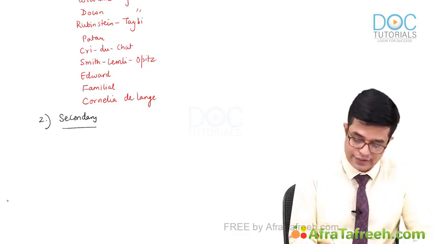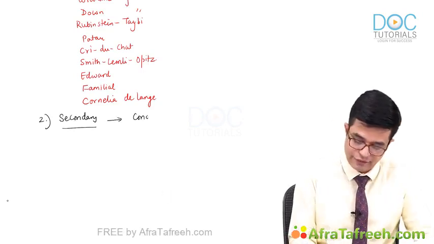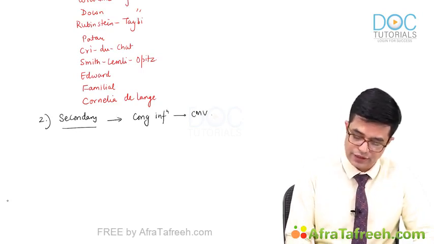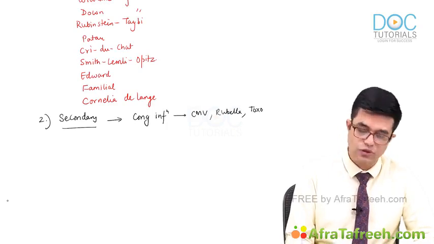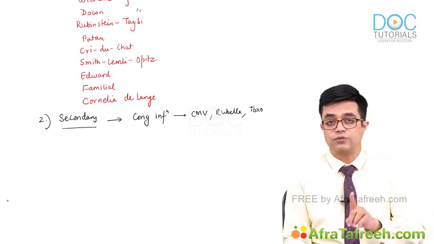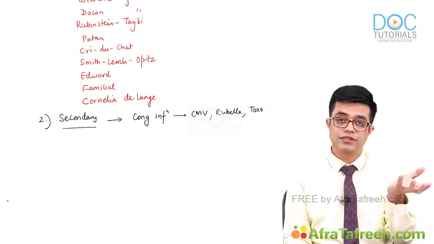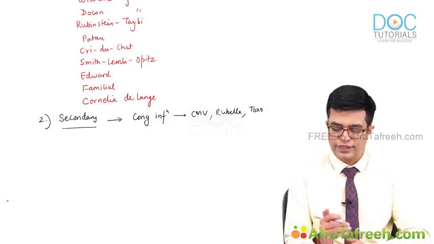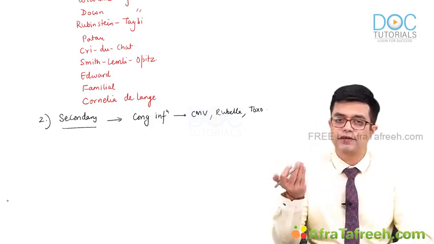microcephaly is developing. Secondary will be seen in congenital infections like congenital CMV, congenital rubella. Rarely it may be seen in congenital toxoplasmosis also. See, congenital toxoplasmosis can have hydrocephalus or microcephaly, but not both together. So it may be a cause of hydrocephalus as well.